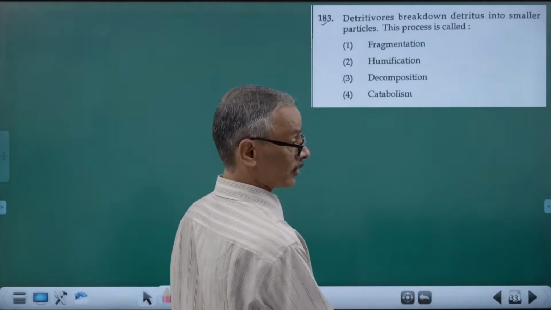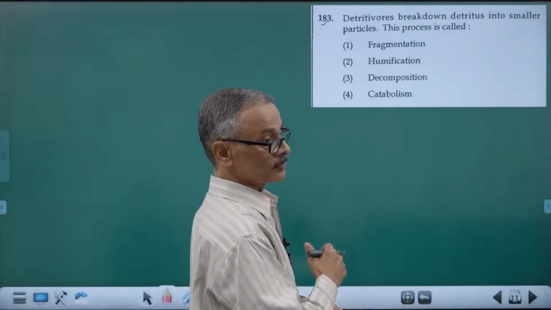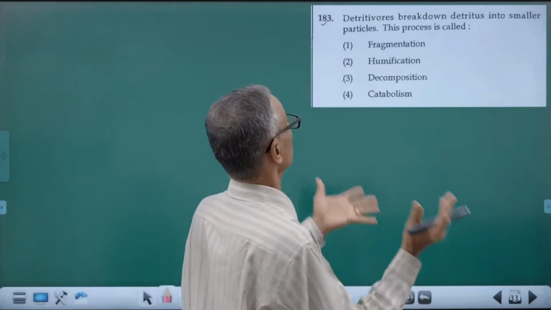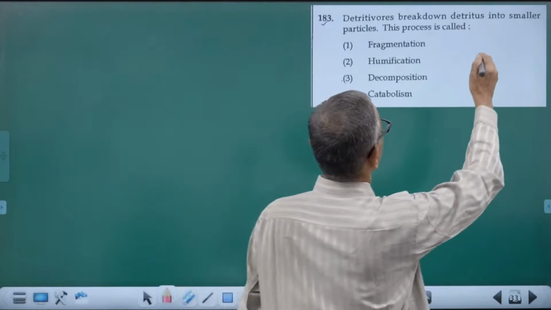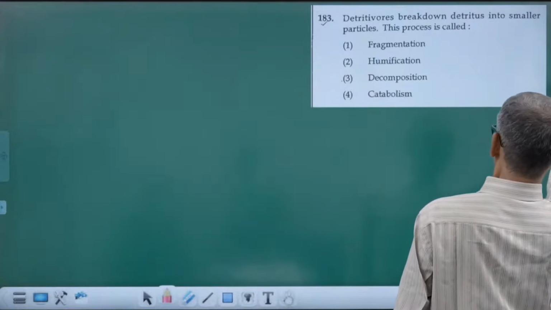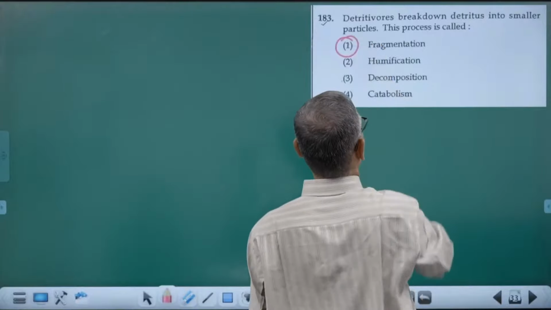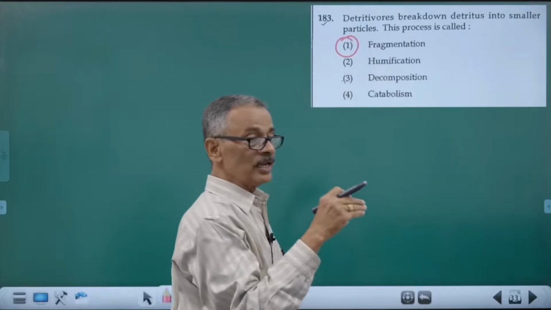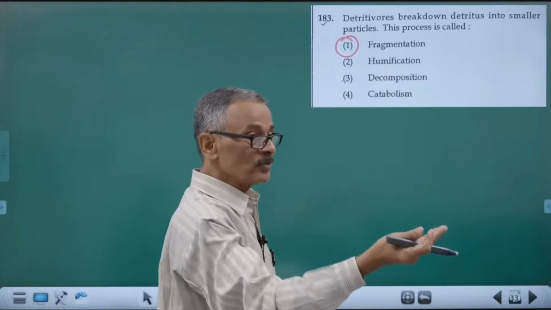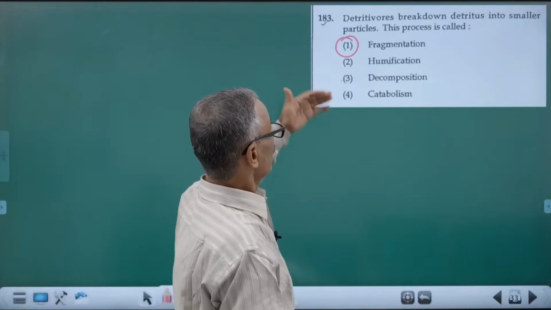Detritivores. Detritivores are eating, just like the earthworm that is given in our book. They break down detritus into smaller particles. This process is called fragmentation. Humification is a process where humus is formed in the soil.